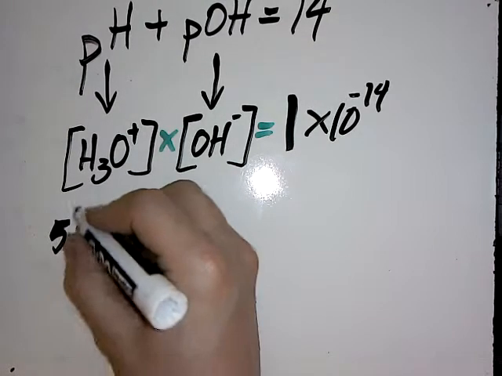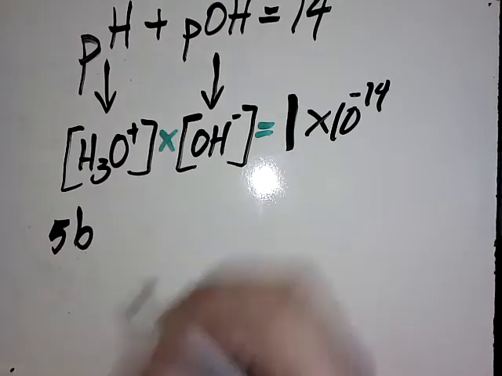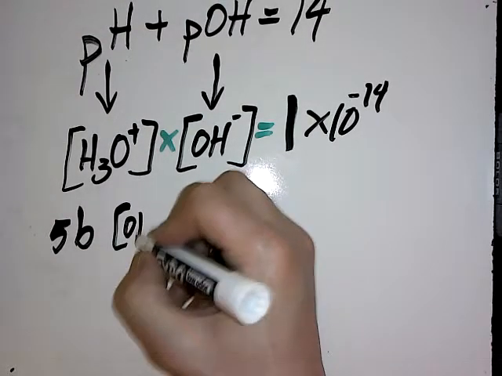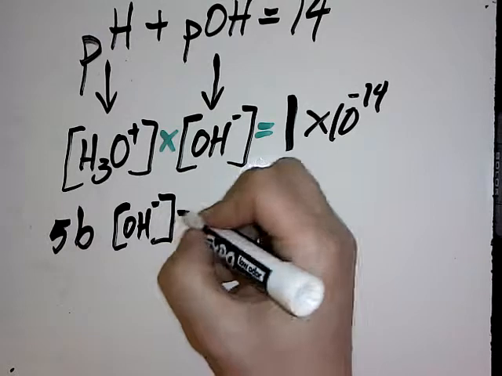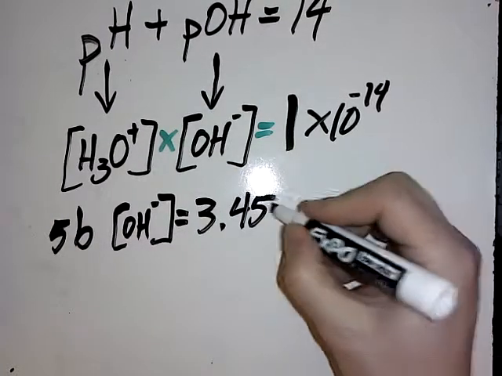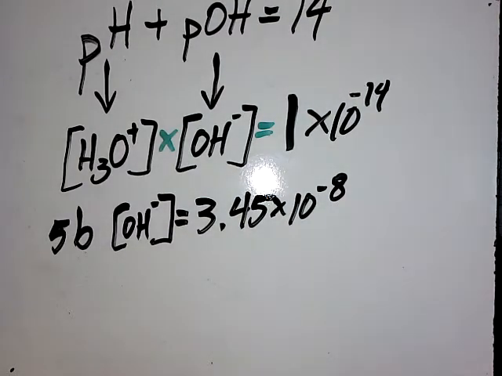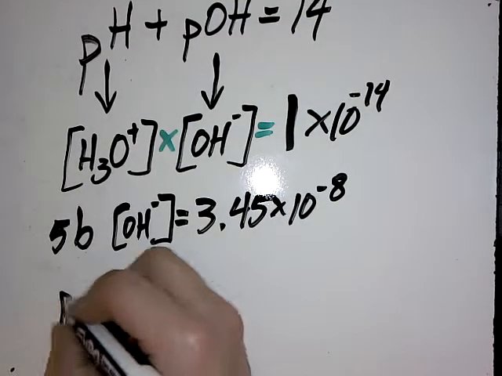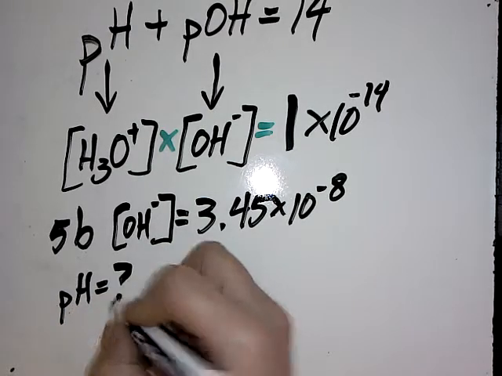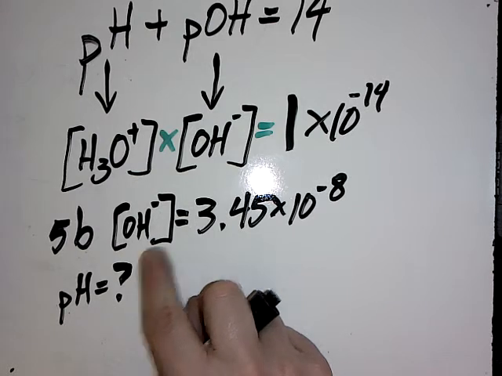On 5b, it tells you that something has a hydroxide concentration of 3.45 times 10 to the negative 8, and it wants us to find the pH. Well, I can't go straight from hydroxide concentration to pH.